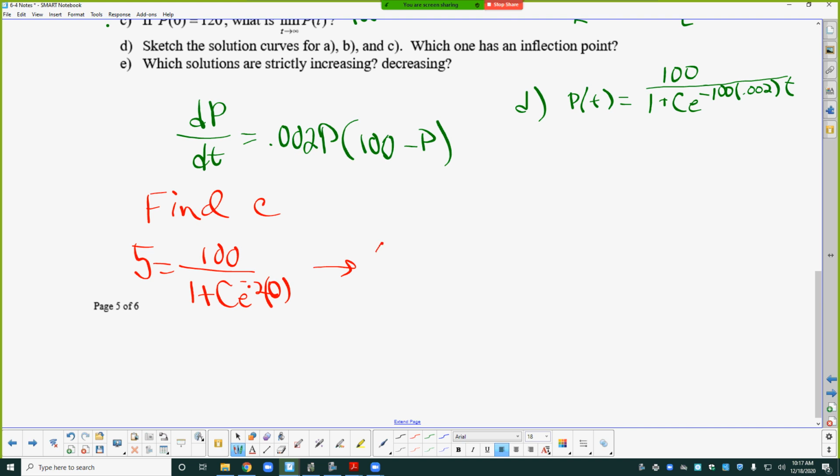If I cross multiply, it becomes 5 times (1 plus C) equals 100.